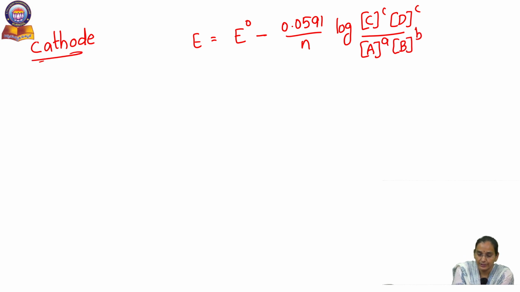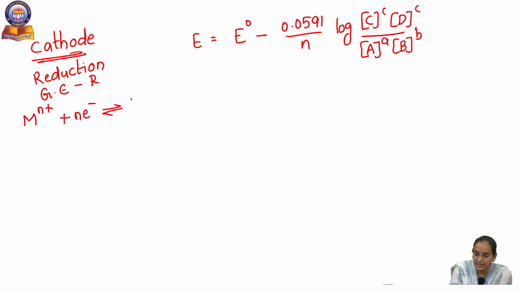Now coming to the cathode, generally at the cathode, reduction takes place. So what is reduction? Gaining of electrons is reduction. That means the metal ion in the electrolyte solution gains electrons and gives metal. So the reaction at the cathode is that the metal ion gains electrons and gives metal.